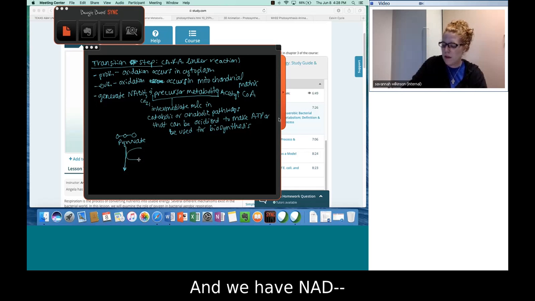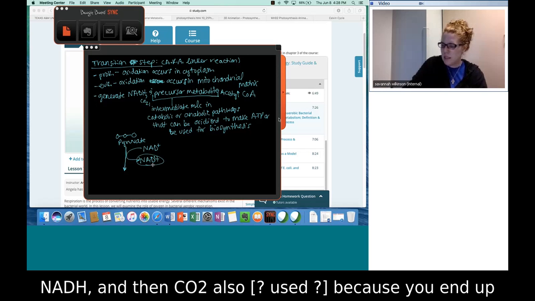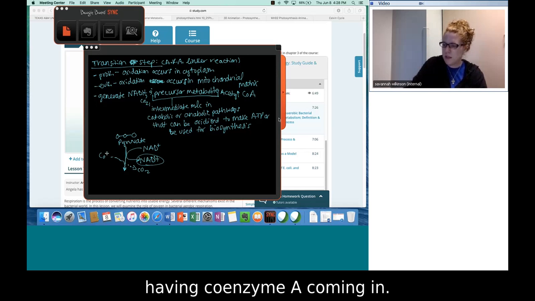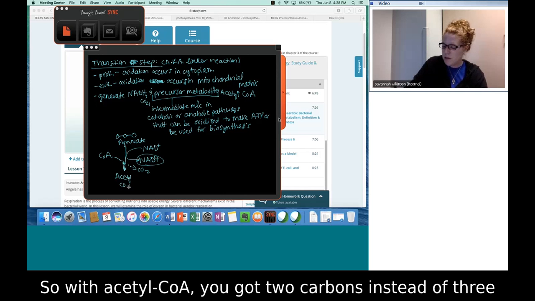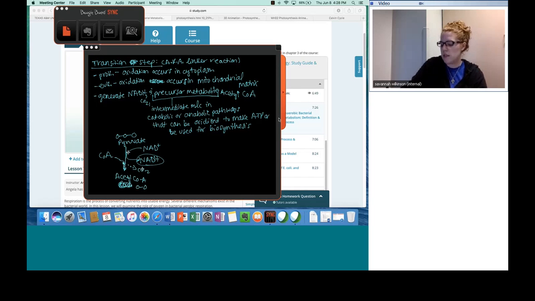You have NAD, NADH, and then CO2 also leaves because you end up having coenzyme A coming in. So with acetyl-CoA, you have 2 carbons instead of 3 because we lost 1 here.